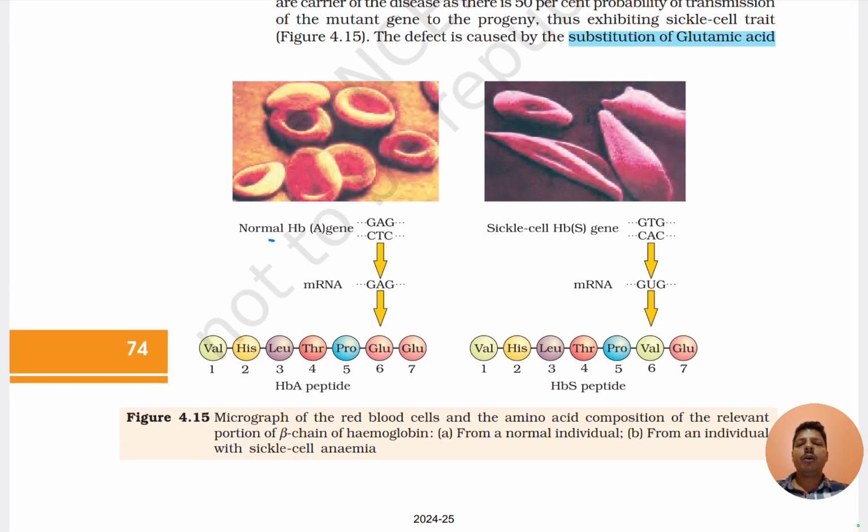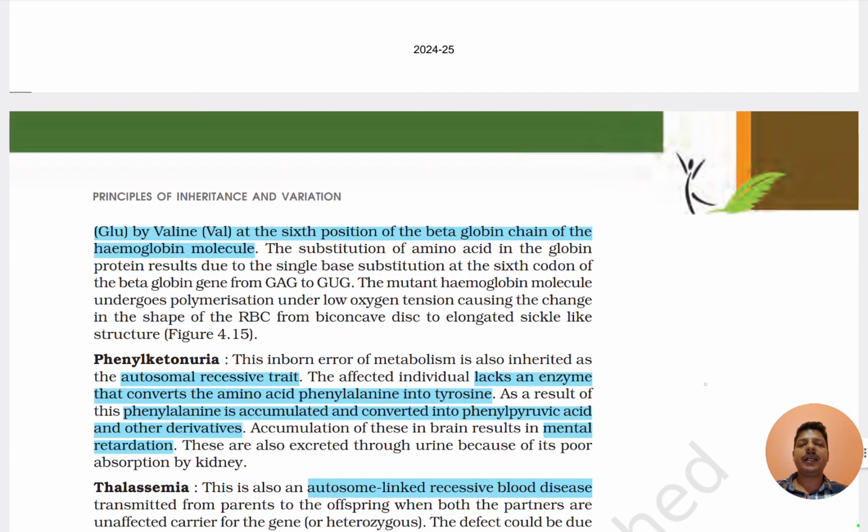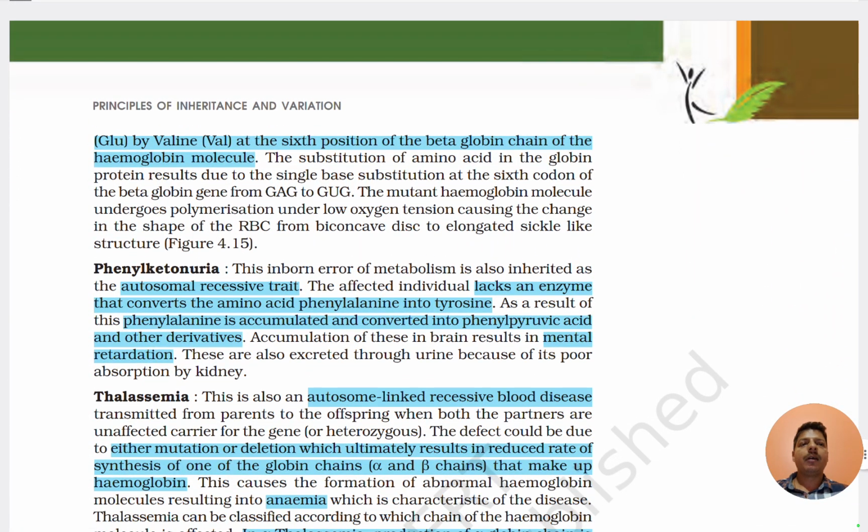It shows the normal hemoglobin and sickle cell hemoglobin, where at the 6th position glutamic acid is replaced by valine. Because of this single change, the RBCs become different and sickle shaped.